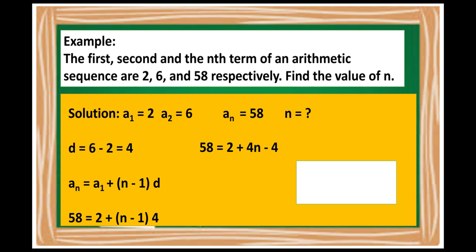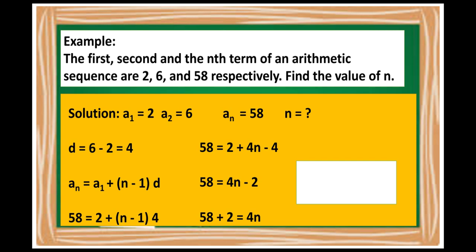So we have now 58 equals 2 plus, distributing the 4 inside, 4n minus 4. Furthermore, we have 58 is equal to 4n, and 2 minus 4 is equal to negative 2. And we have to transpose that negative 2 to the left side.